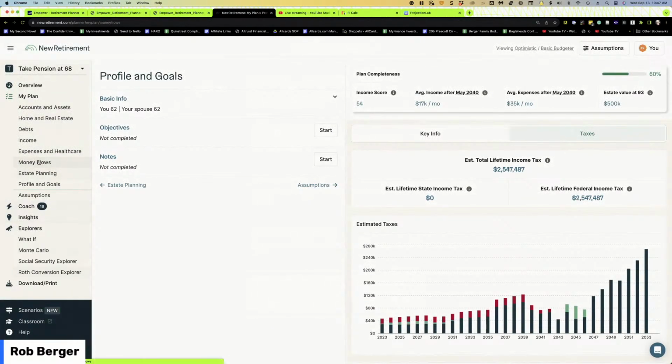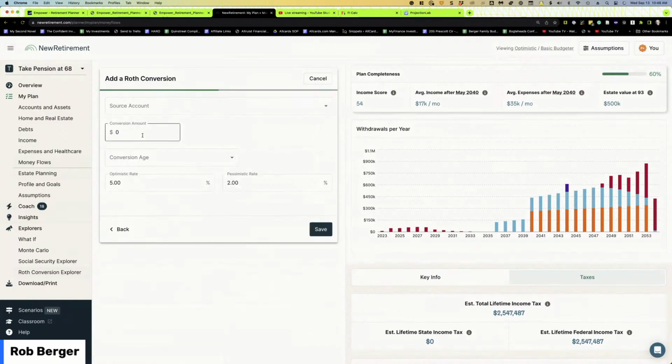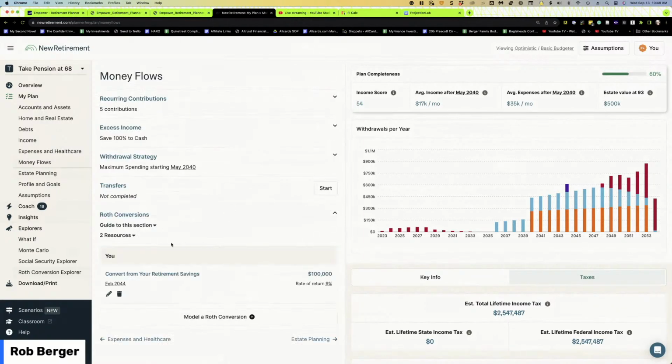And then in money flows, I believe, yeah, you can actually model a Roth conversion. I'd forgotten, we actually have one here in this plan. But you can model, and it gets very specific, the amount, age, which account you're going to use to convert, and so on. The other thing you can do, and yeah, it's right here as well, are transfers.